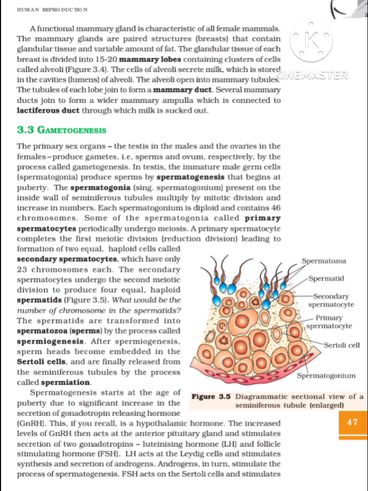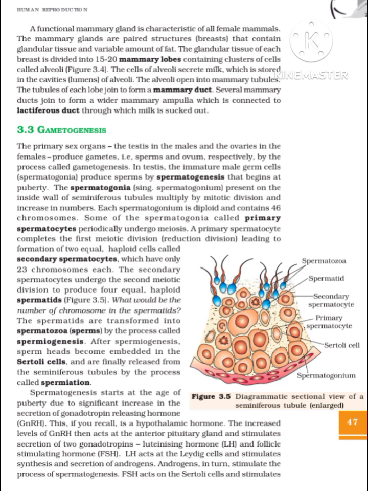Figure 3.5. Diagrammatic sectional view of a seminiferous tubule, enlarged. Spermatogenesis starts at puberty due to significant increase in secretion of gonadotropin-releasing hormone, GnRH. This, if you recall, is a hypothalamic hormone. The increased levels of GnRH then act at the anterior pituitary gland and stimulate secretion of two gonadotropins, luteinizing hormone, LH, and follicle-stimulating hormone, FSH.